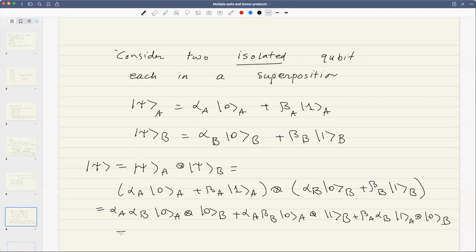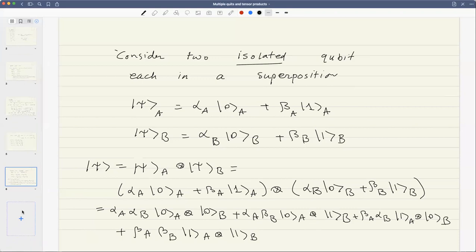And finally, I have beta A beta B 1A 1B. Okay.